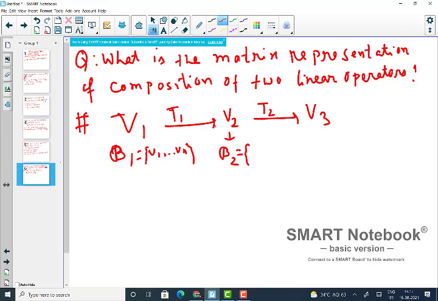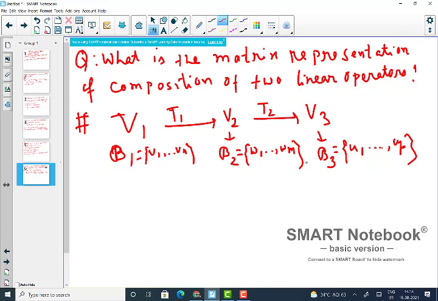I am not assuming they have the same dimension. They are all finite dimensional, so this is n dimension, this is m dimension, this is p dimension, vector spaces over the same field F.